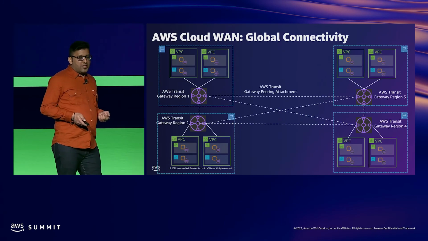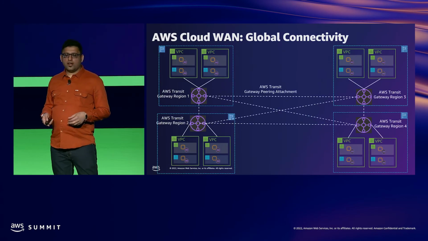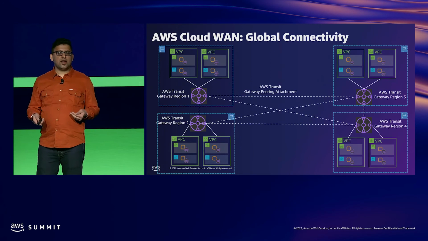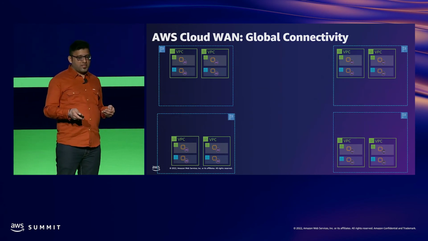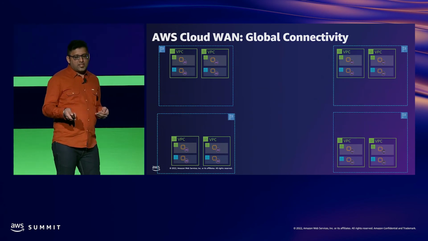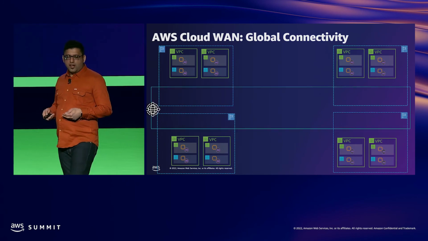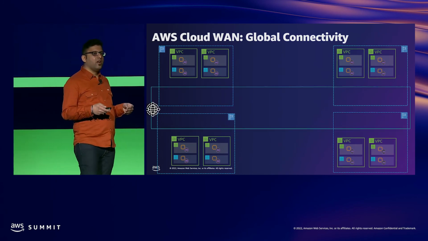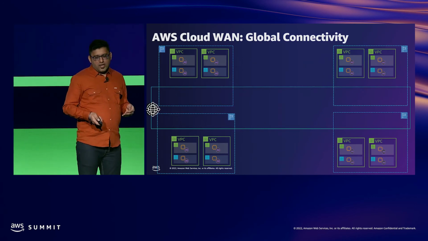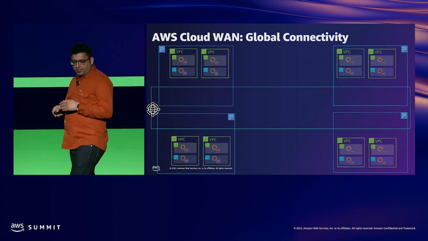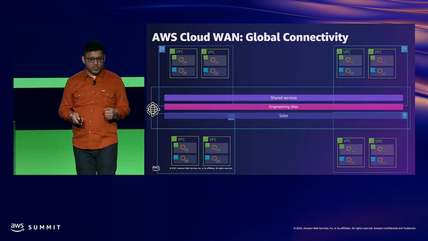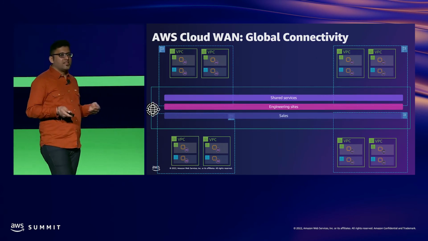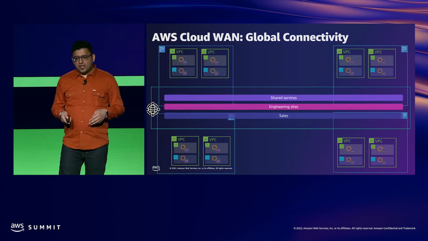We launched a service last year called Cloud WAN. What Cloud WAN does is that it replaces the transit gateway peering attachments, and you create what we call a global network, in which you create a core network edge that spans across this topology. What you do next is create network segments.